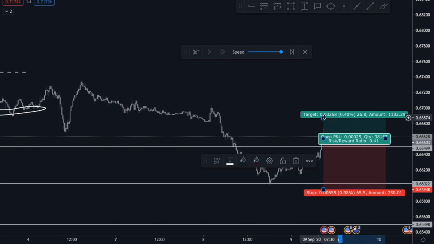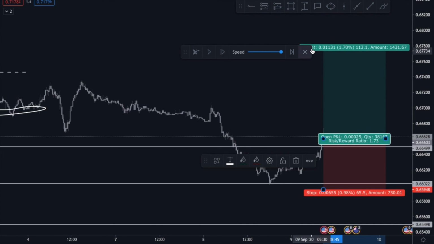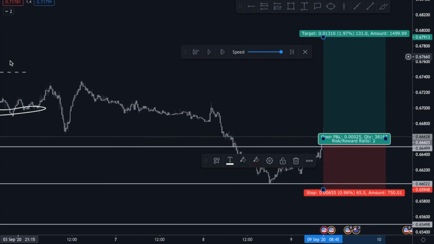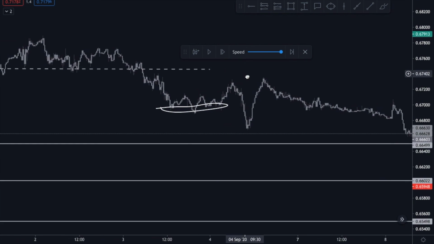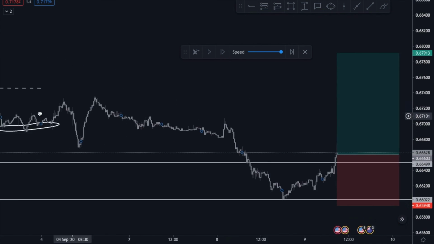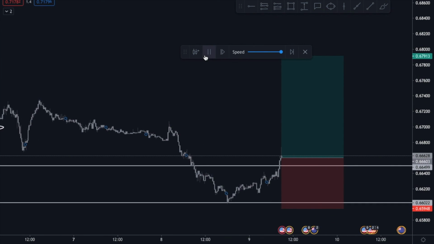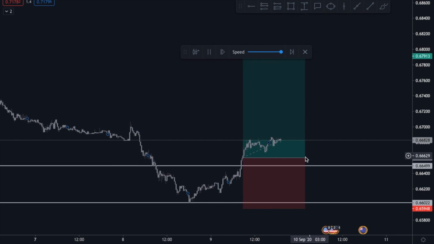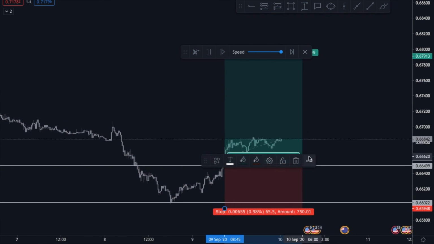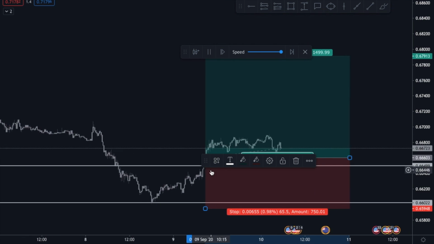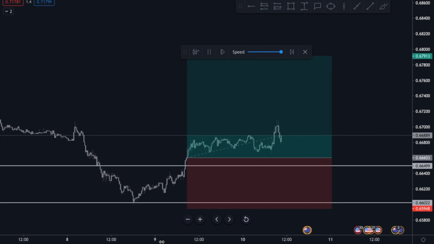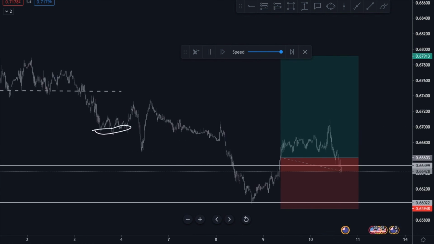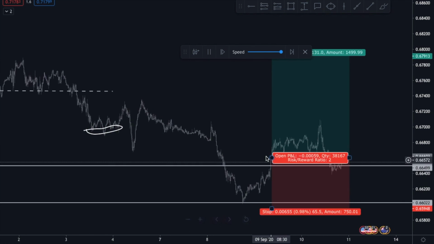Place my stop behind there. Still aim for around 2R, which still takes us to around the same area as before. And let's see what happens. I could be wrong again.